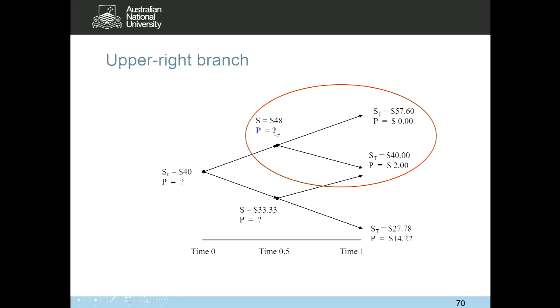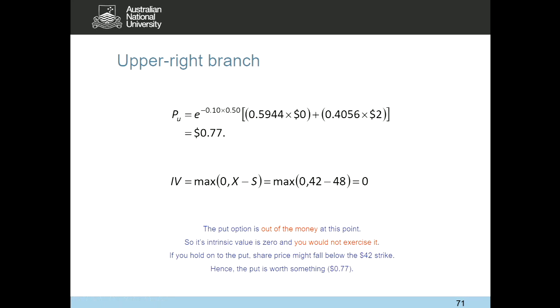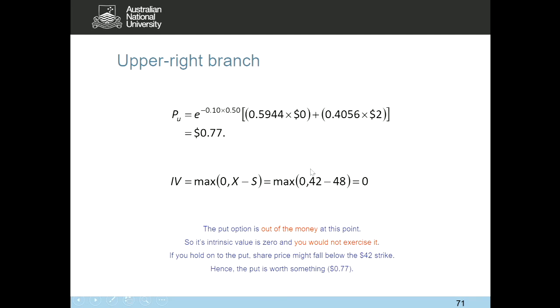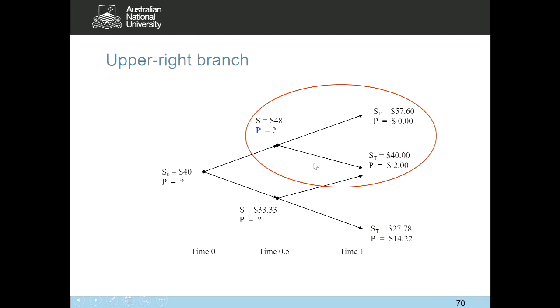77 cents. Now, before writing down the 77 cents in this node, we need to ask ourselves, what is the intrinsic value of the put option? What do I mean by that? Basically, you ask yourself, how much will I gain if I exercise this put option today? Exercising the put option today would lead to nothing, because in this node, the share price is 48. Remember, 48 is higher than the strike price, 42.